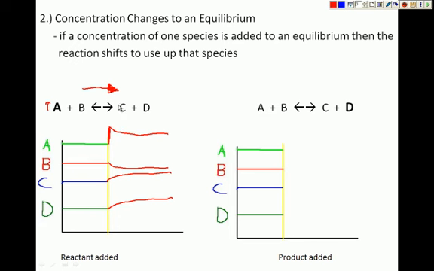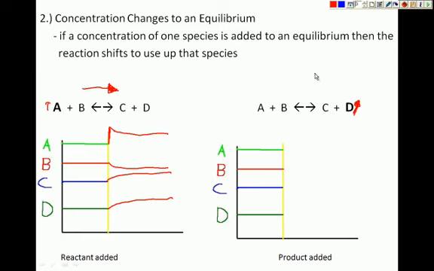Now here we have a product that is added, so D has been added to the equilibrium, and so D is going up, and what we see here is that the reverse reaction, there's a lot higher concentration of C and D, and therefore there's going to be a lot more collisions, and therefore the reverse reaction rate is going to be higher than the forward reaction rate.